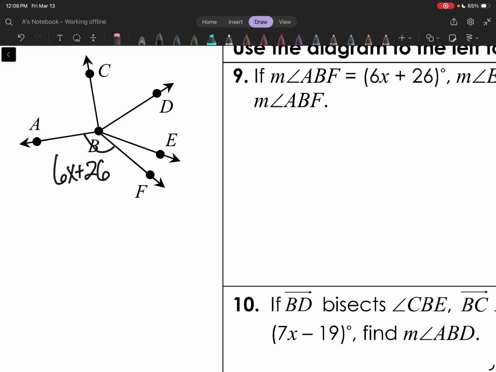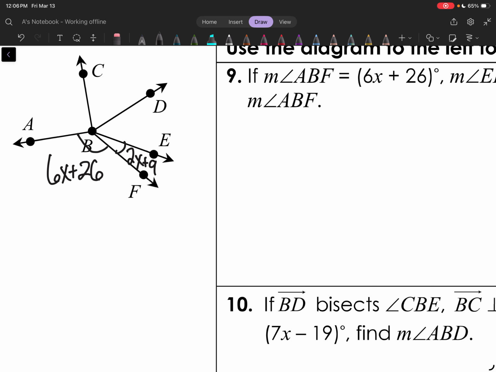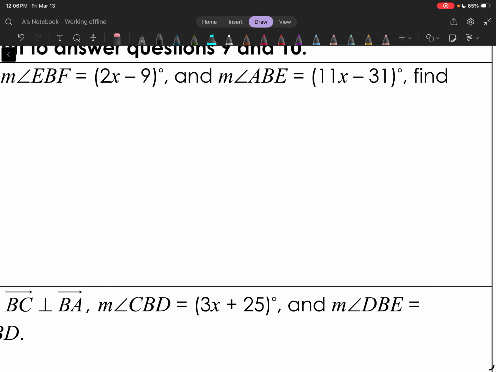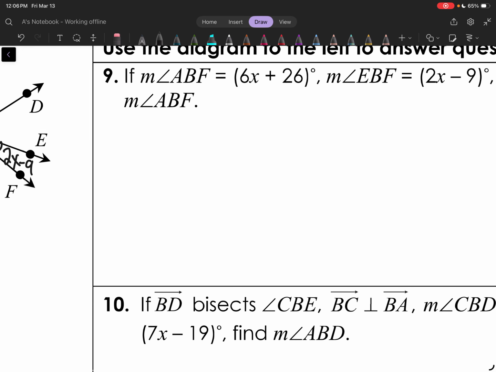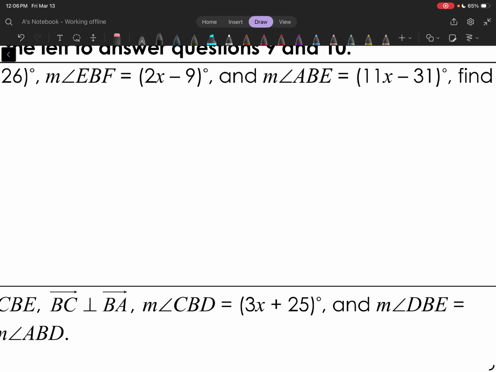EBF is 2x minus 9, sorry. And ABE is 11x minus 31.